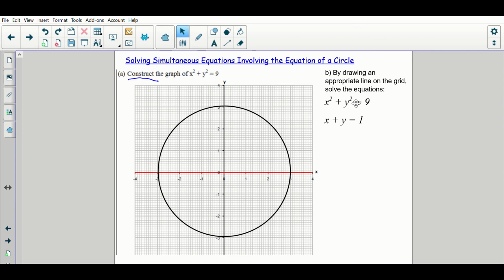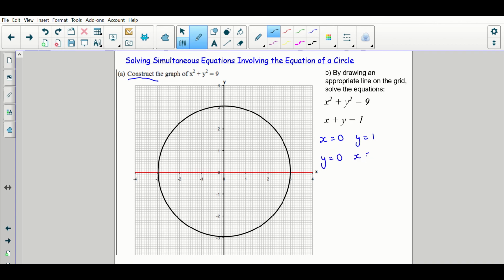By drawing an appropriate line on the grid, solve the equations. So I've got my x squared plus y squared equals 9. In order to solve simultaneously with the line x plus y equals 1, that means that I need to draw the line x plus y equals 1 and see where the lines intersect. So to draw the line x plus y equals 1, remember with these type of lines it's often easier to say, well, when x equals 0, y will equal 1, and when y equals 0, x will equal 1, so I know it's going to go through these 2 points here.